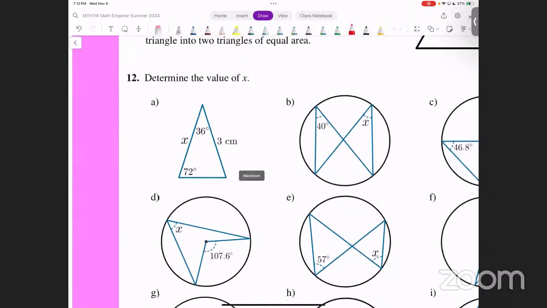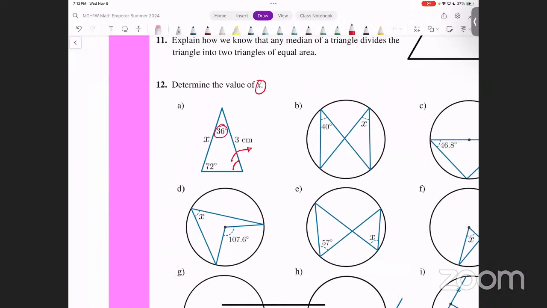Okay, guys. Don't we learn all three angles add up together how much? 180. Yes. So all three angles add together to 180, right?